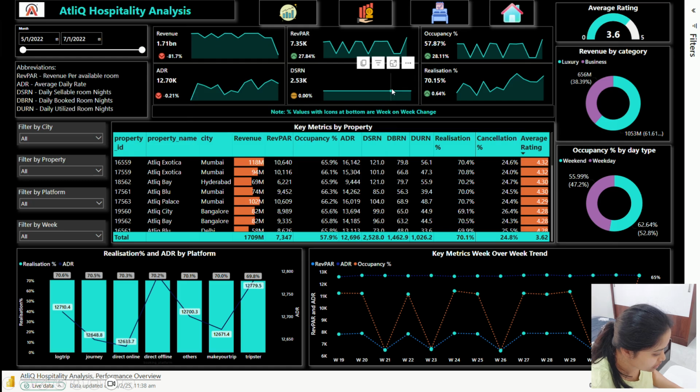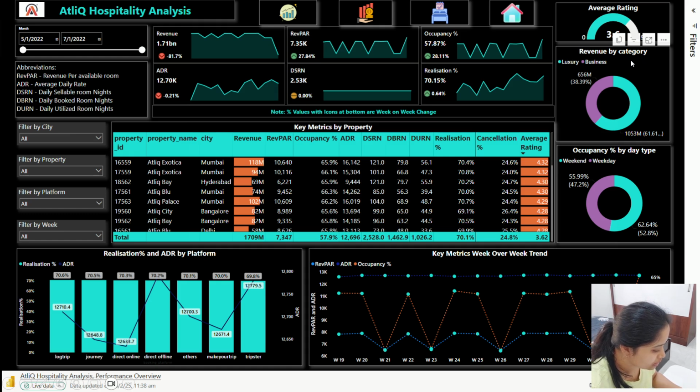Next we have key metrics by property. It has realization, cancellation, average rating as well for all the properties, and also other key parameters. And this is a gauge chart. It shows an average rating of 3.6 out of 5, and we have a donut chart for revenue by category.